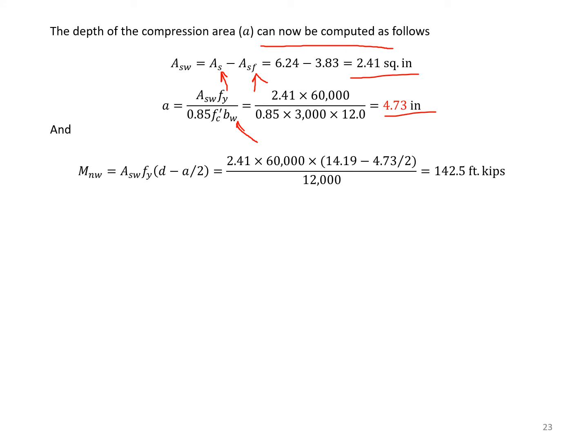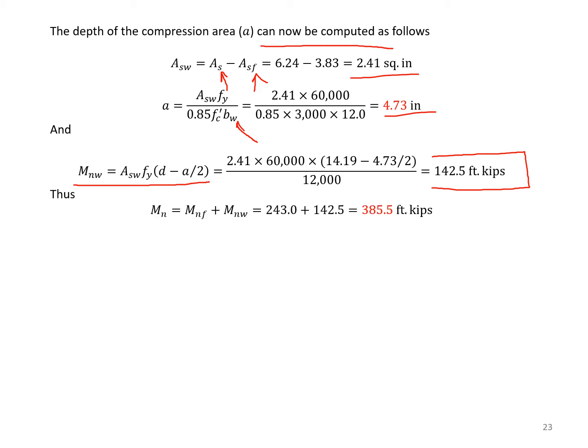And I plug it in the equation for Mnw, and again converting everything into foot kips, we come up with 142.5 foot kips. All right, so the nominal resistance is the sum of the two components, and that gives me 385.5 foot kips.